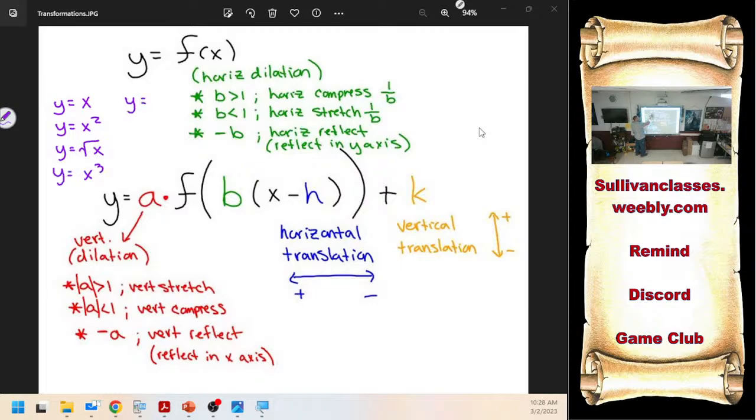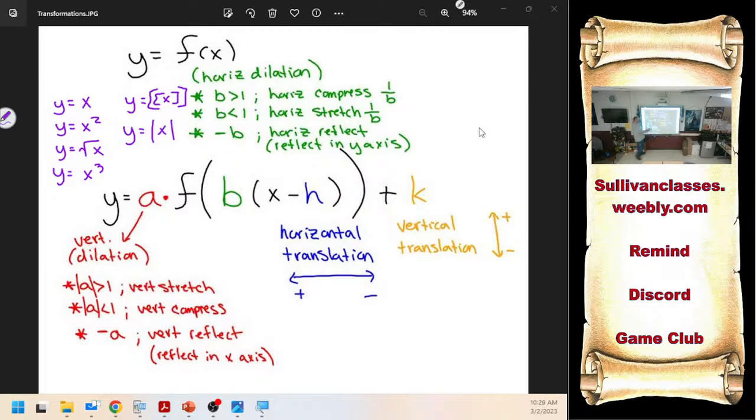There's stuff like y equals the greatest integer of x. Yeah, that's a thing. Or y'all come back on Monday, y is absolute value of x. Okay, there's all kinds of stuff. And this is going to happen to every single one of them.